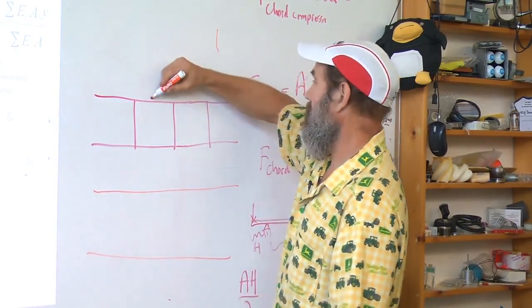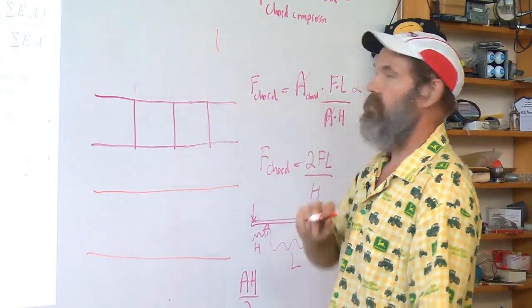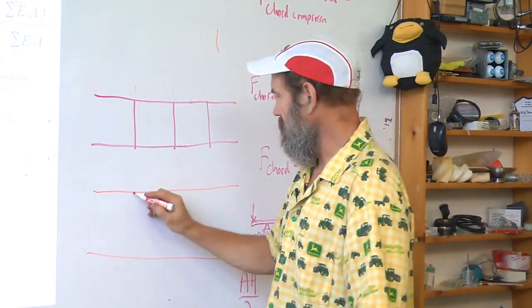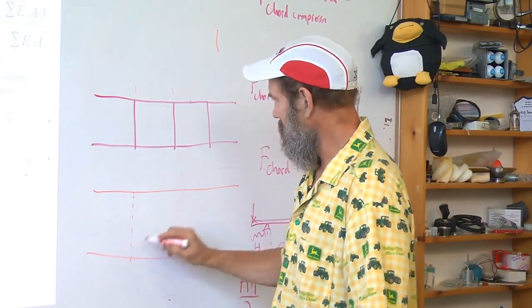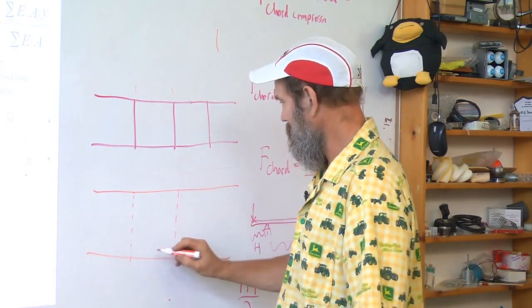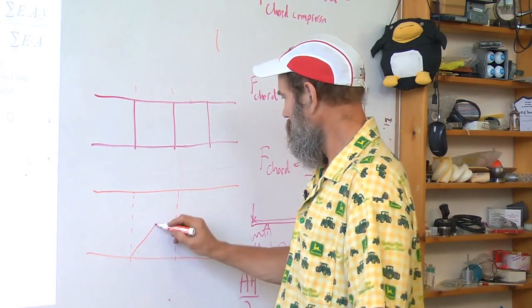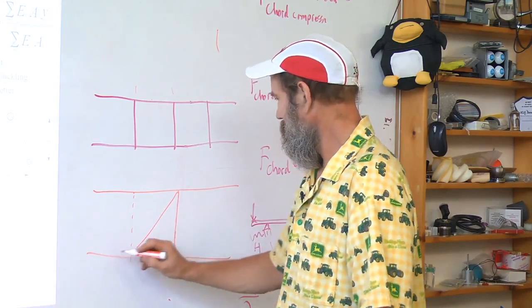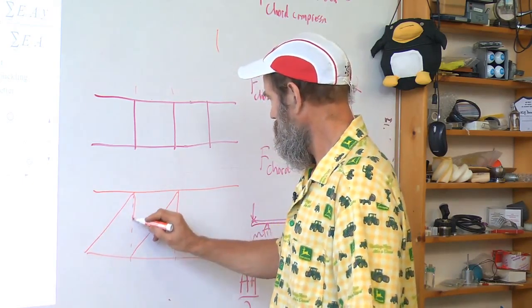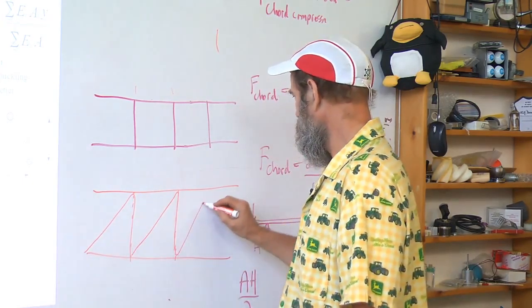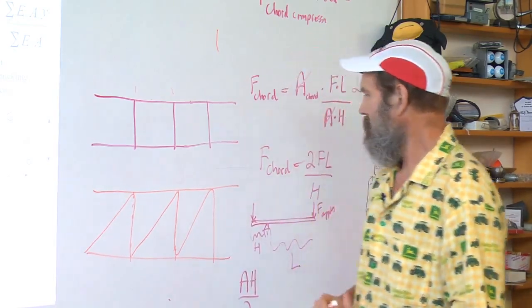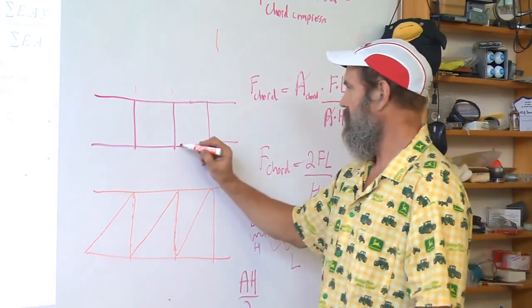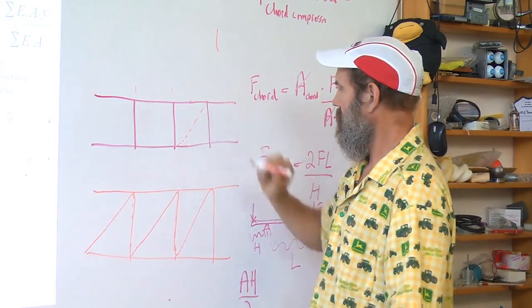Because I say, well, I calculated this is the length that won't buckle. So why am I insisting on this shape? See, that's this, but I've added a diagonal, right?